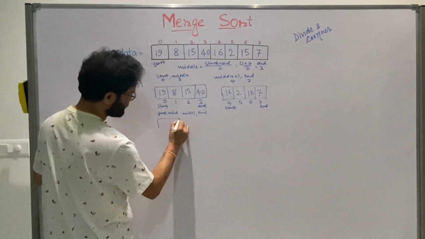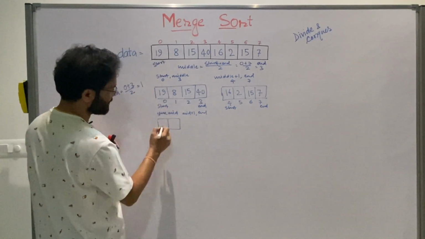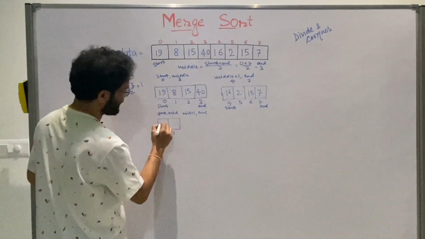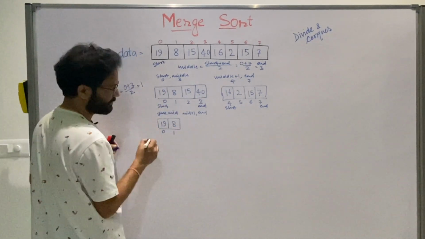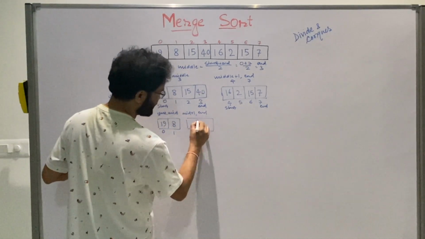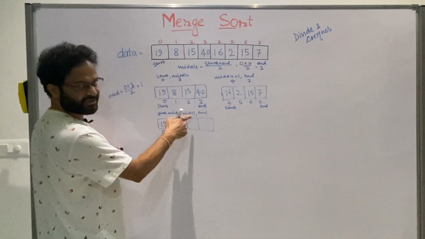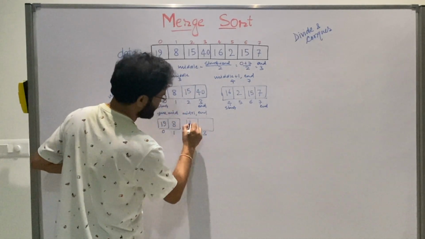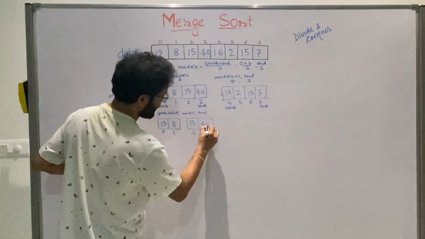So here start is 0 and you have to go till 1, meaning 19 and 8. In this case mid is 1, plus 1 is 2, so index 2 is here and it will go to 3, so 15 and 40.